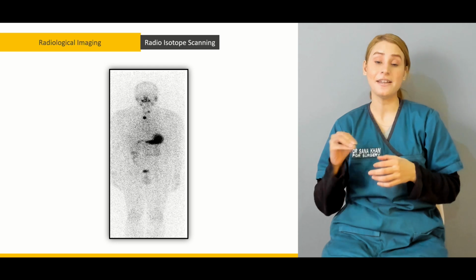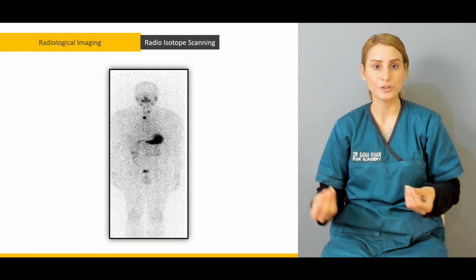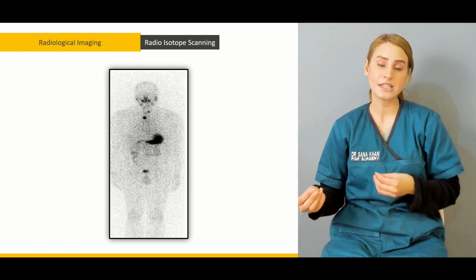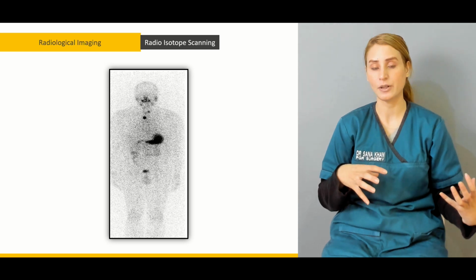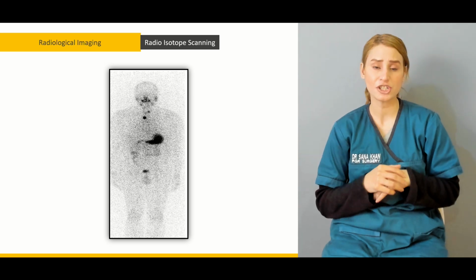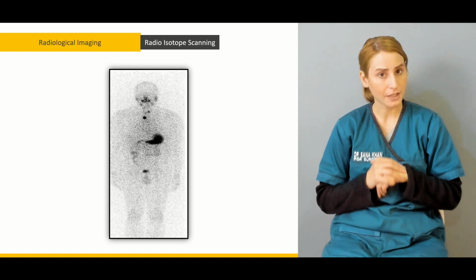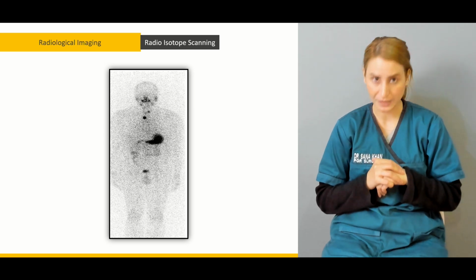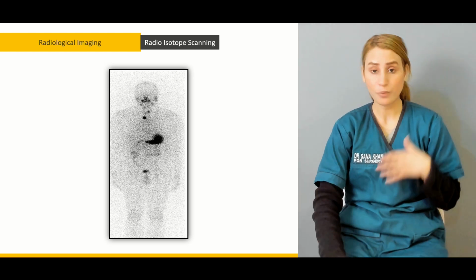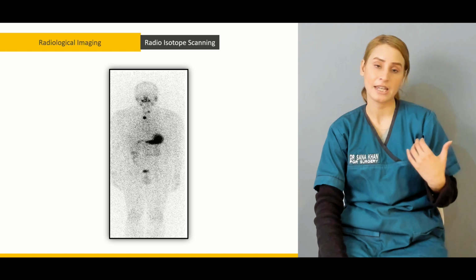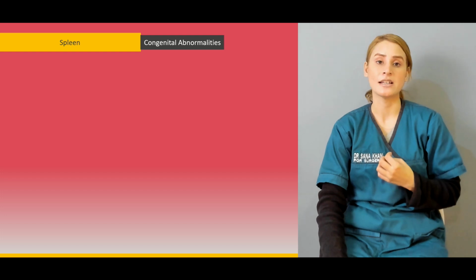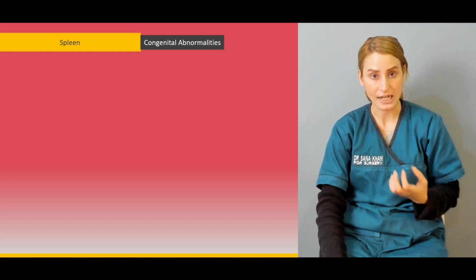So you give the radioisotope, and the isotope being used is technetium-99, which is taken up by the splenic cells, and you can see if the RBC destruction is because of splenomegaly or hyperfunctioning, or hypersplenism, that can lead to the hemolysis. So it's an important single investigation, radioisotope scanning, in which you differentiate the cause of the hemolysis, whether the RBCs are hemolyzed or the spleen is the culprit behind that.